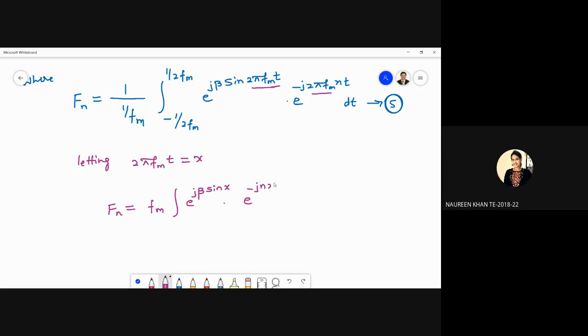No t, only x, since I'm taking 2 pi fm t equal to x. So what is dt? 2 pi fm t is equal to x, so dt is dx divided by 2 pi fm.